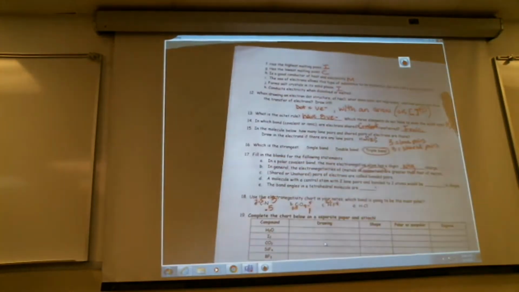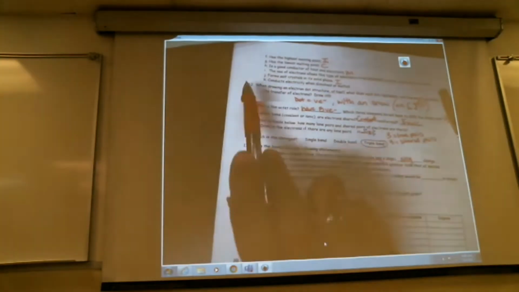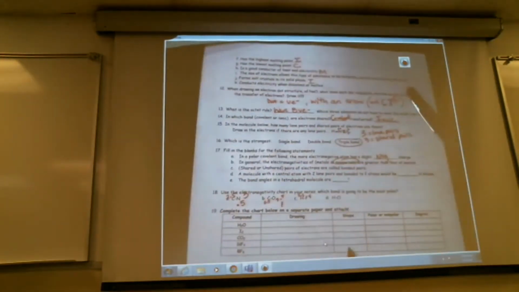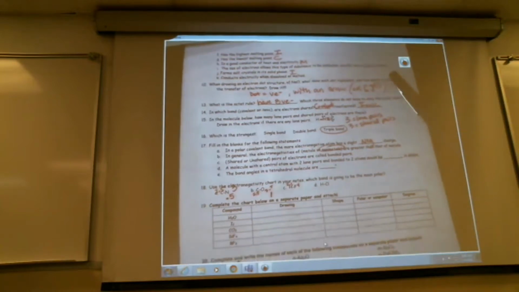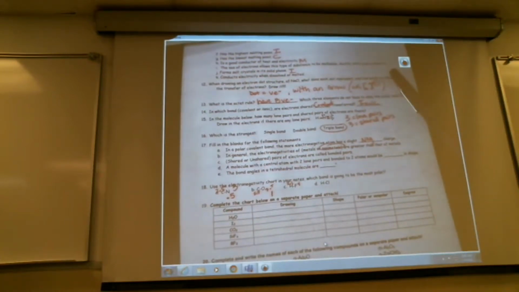I mean, that would be pretty creative. So that way you can do your drawings on the side. You can write the shape over here, complete, and the names. So they would like you to go ahead and name them over here. Well, we can do that. Not a problem.